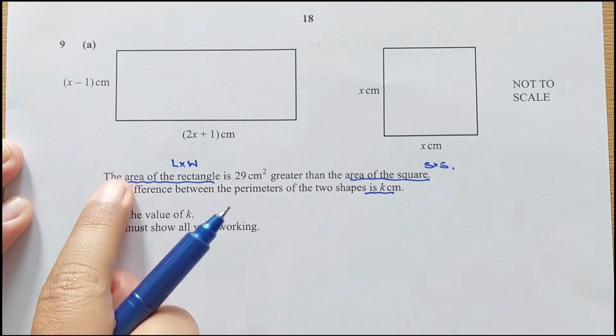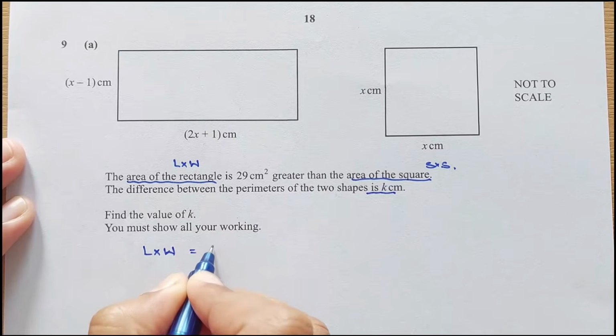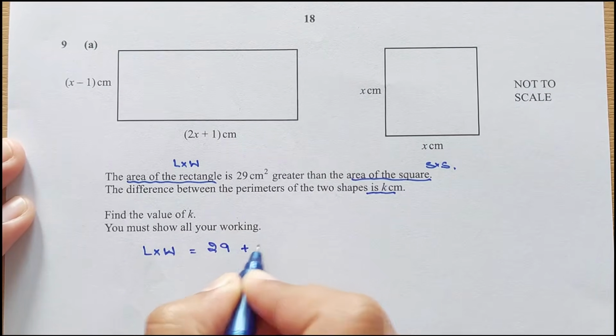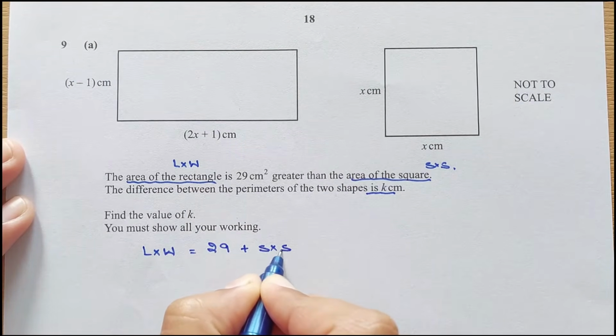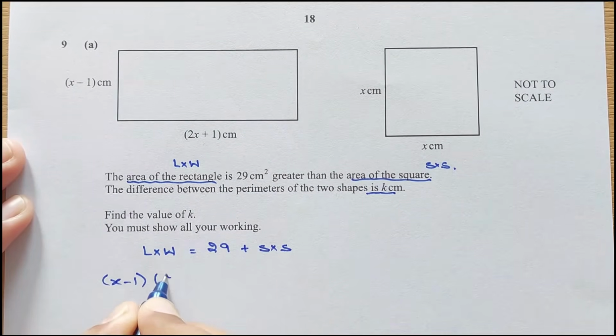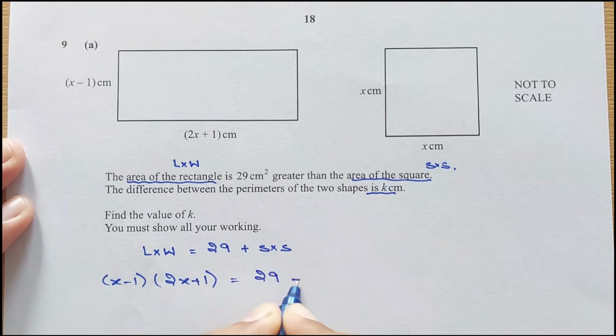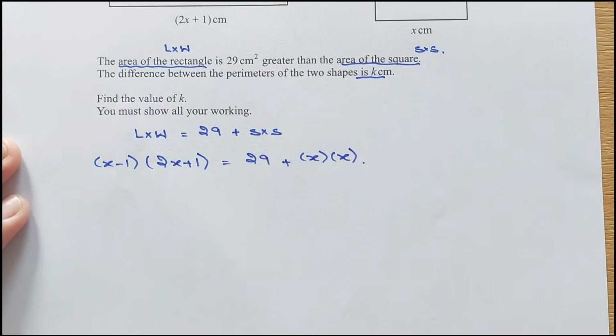So first let me use this information. The area of a rectangle, length times width, is 29 greater than the area of a square, side times side. So the length and the width are x minus 1 and 2x plus 1, equal to 29 plus x times x. Let me solve for x first, right?